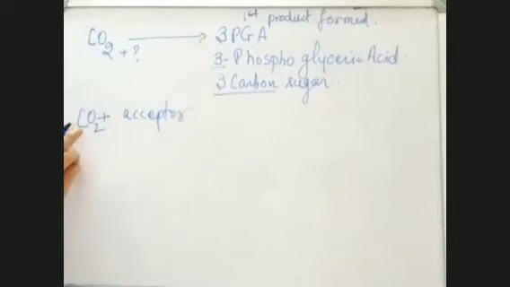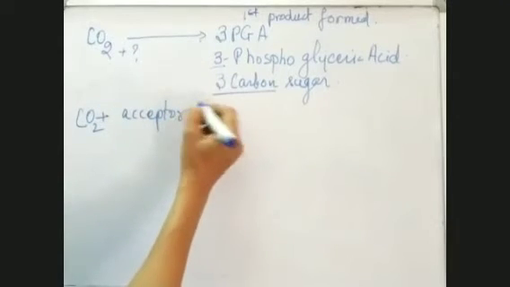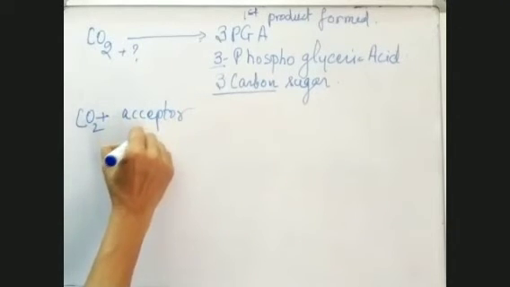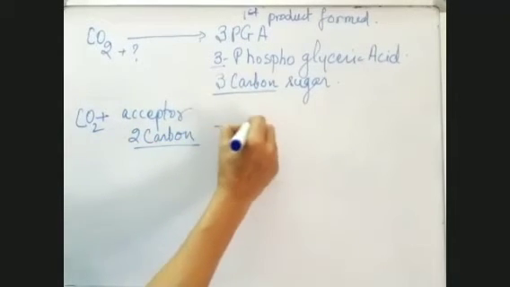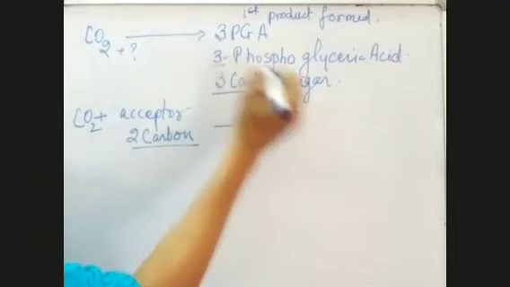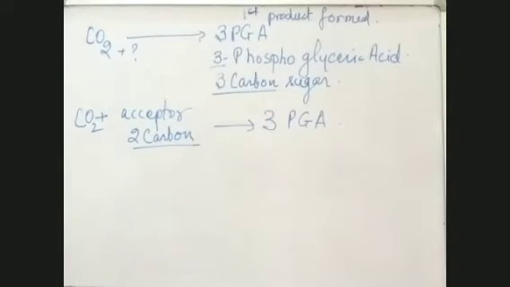They assumed the carbon must be combining with an acceptor which has 2 carbons. Then only a 3-carbon compound, 3-PGA, is formed: 1 carbon from CO2 and 2 from the acceptor. This resulted in the formation of the first product of CO2 fixation.